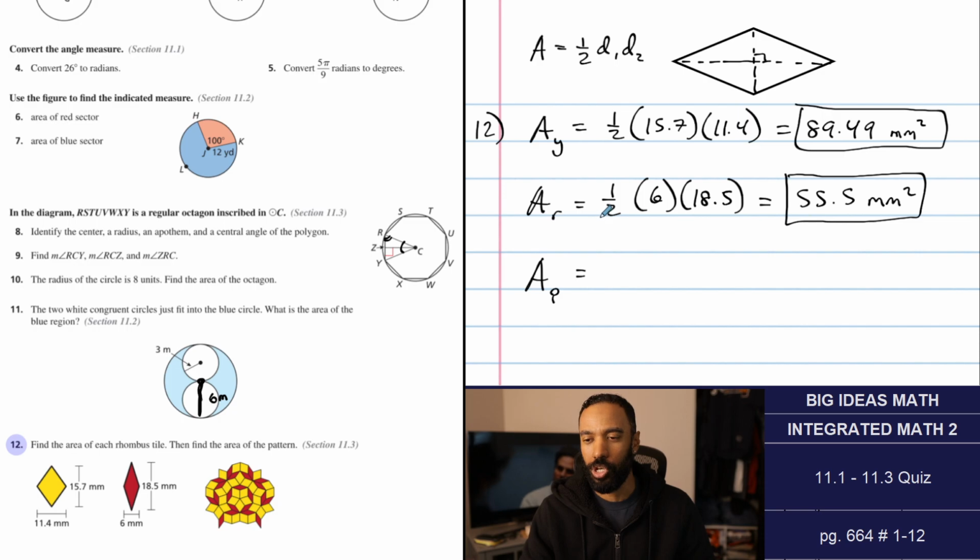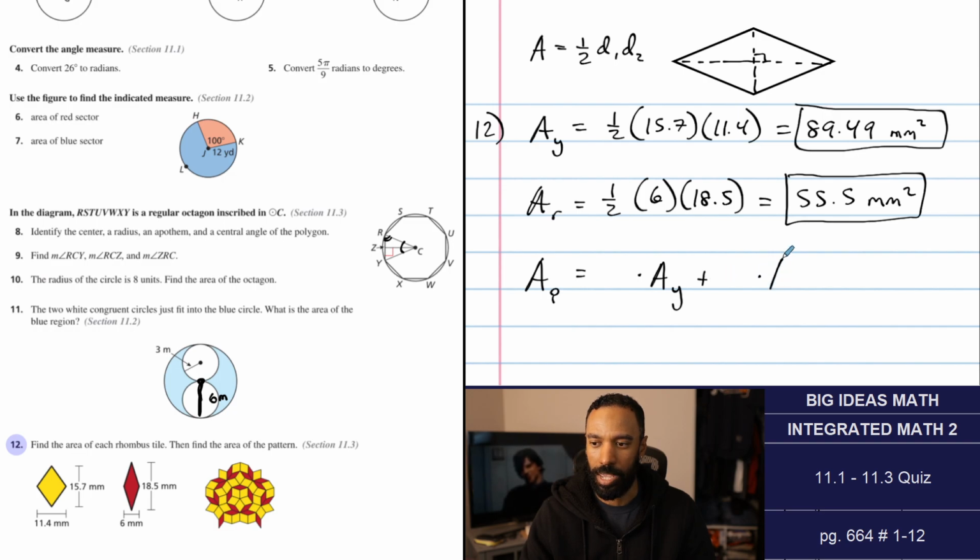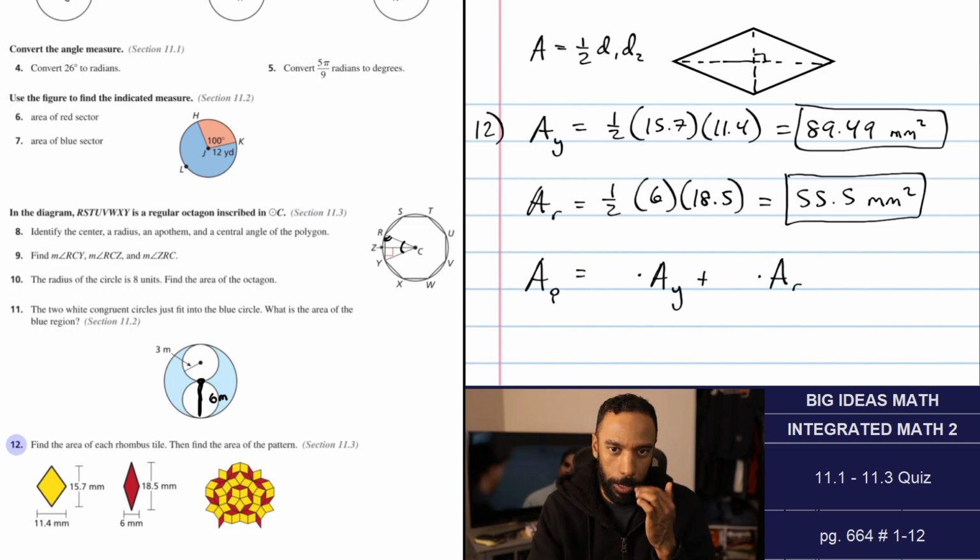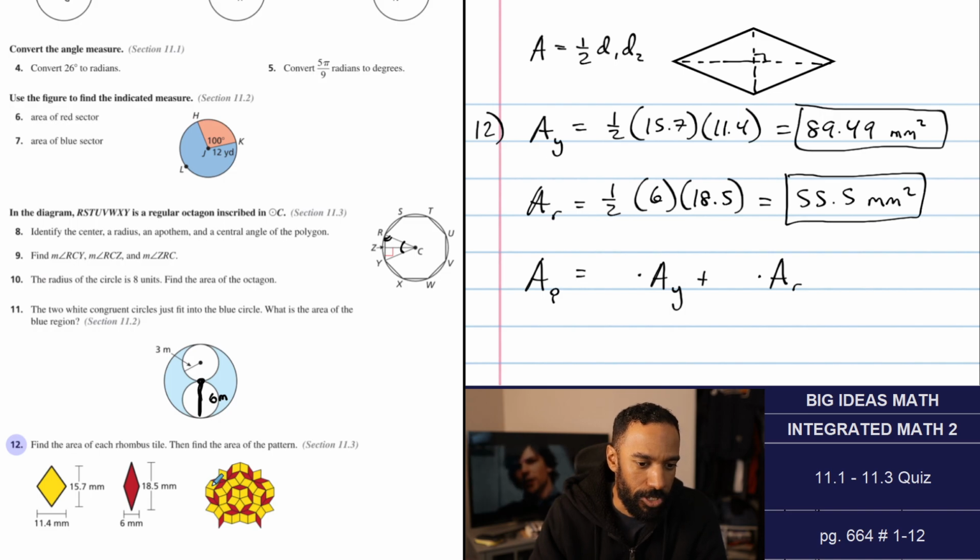there are a certain number of yellows and a certain number of reds. I'm going to multiply that by area of yellow plus that number times area of red. Let's count them out because I actually don't know. The yellow, this is going to be hard to not mess up. 1, 2, 3, 4, 5, 6, 7, 8, 9, 10, 11, 12. 23, 24, 25, 26, 27, 28, 29, 30, 31, 32.